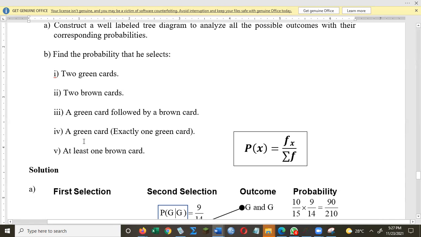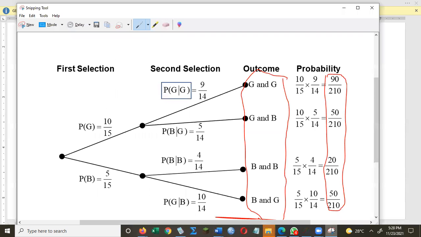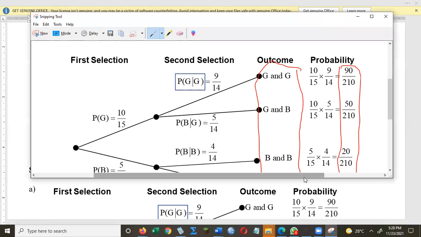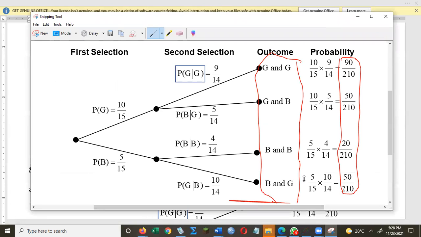A green card. Exactly 1 green card. What is the probability of selecting 1 green card? Let's interpret that. Which one of these is communicating 1 green card? Remember, we're analyzing 1 green card.